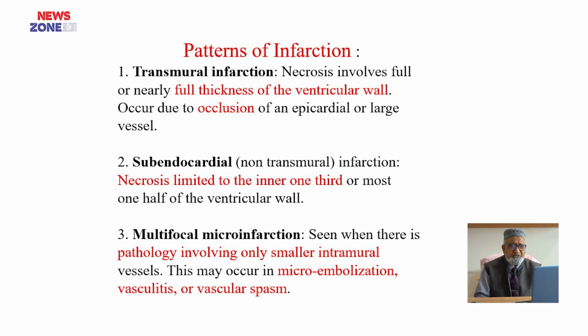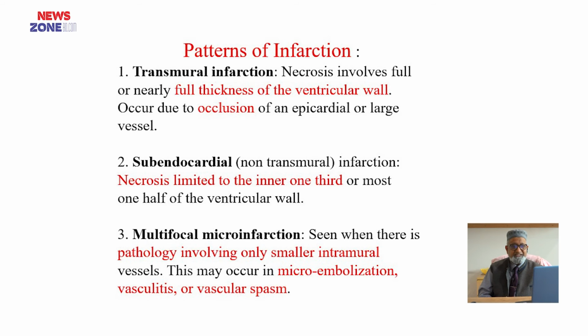So, first, morphologically, we want to recognize the patterns of infarction. One pattern is transmural infarction, another is subendocardial and multifocal microinfarction. Transmural infarction necrosis involves nearly the full thickness of the ventricular wall and occurs due to occlusion of the large vessels of the coronary arteries.